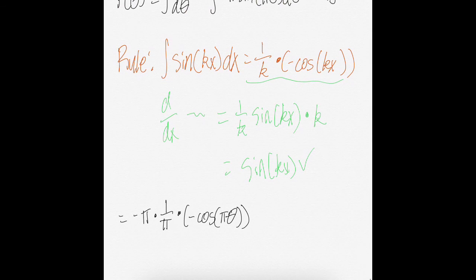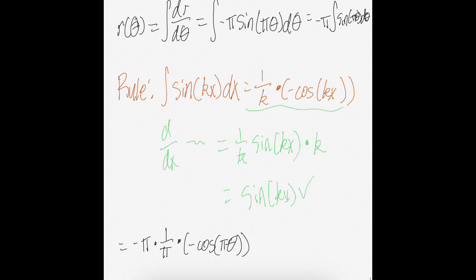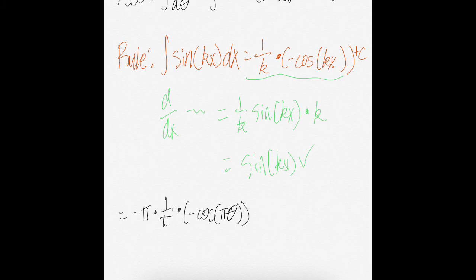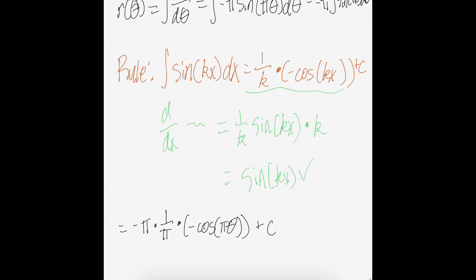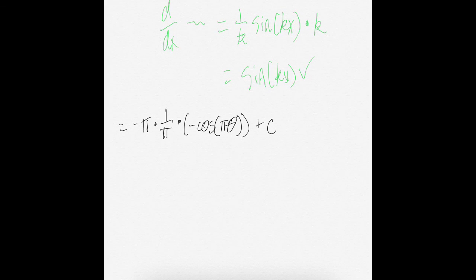So I've got a minus pi times, now when I use my rule, I'm going to multiply that by 1 over pi, times negative cosine of pi theta. Excuse me, I should have written in my rule, there should of course be a plus c at the end. So there goes a plus c at the end here.